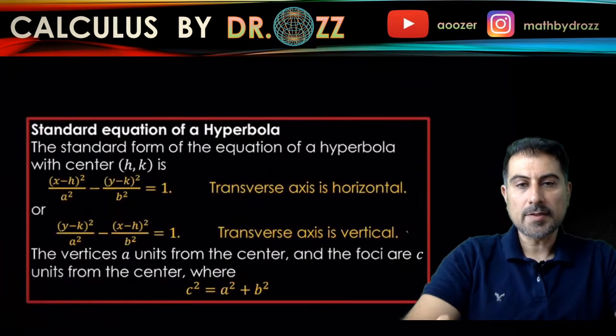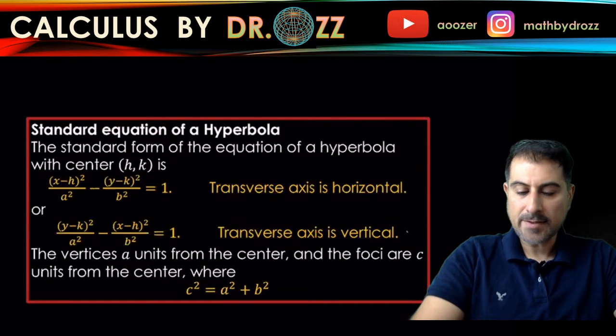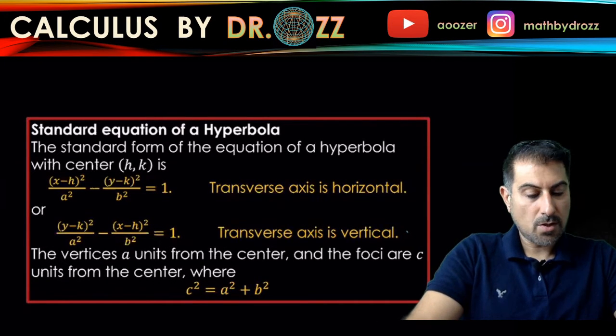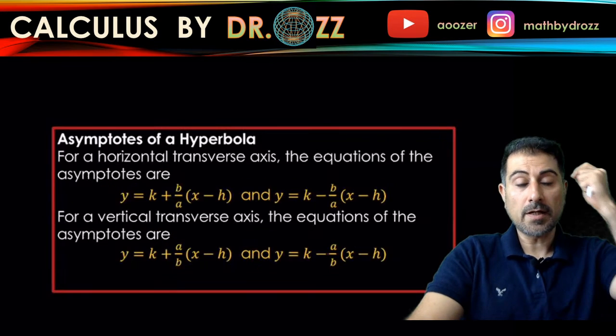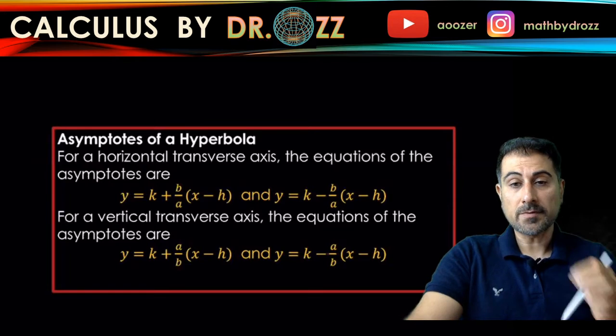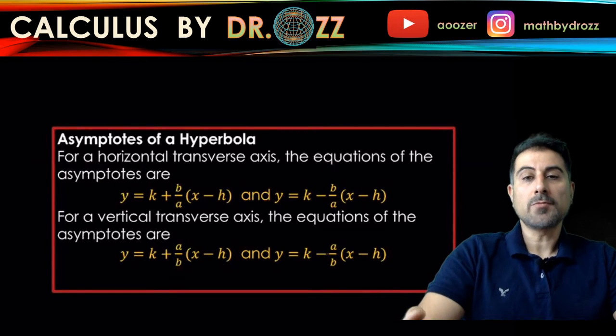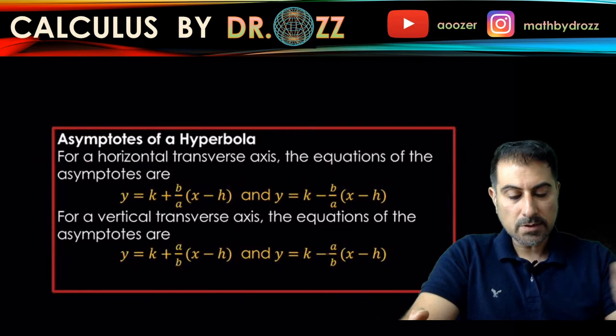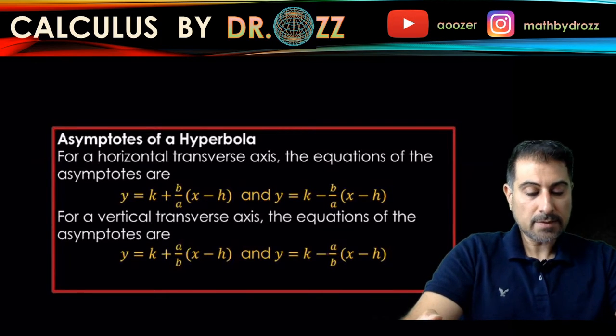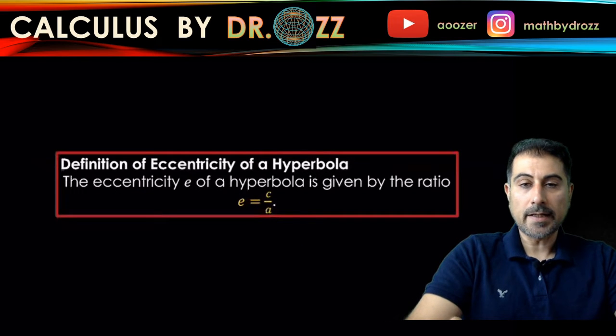And hyperbolas also come with asymptotes. I'm going to come back to this, but depending on the transverse axis, we have two different asymptotes for each case. And these are only determined by h, k, b, and a. And the eccentricity formula is exactly the same as the one for an ellipse. That's c over a.